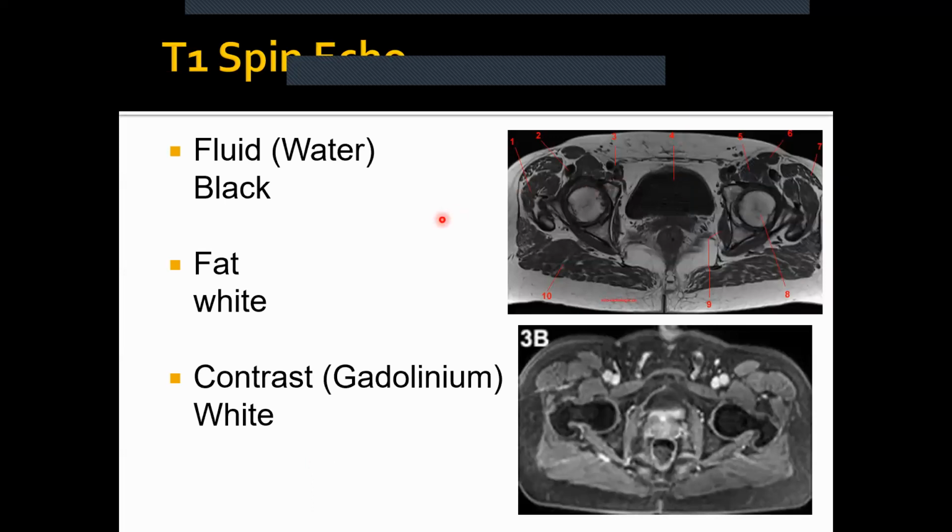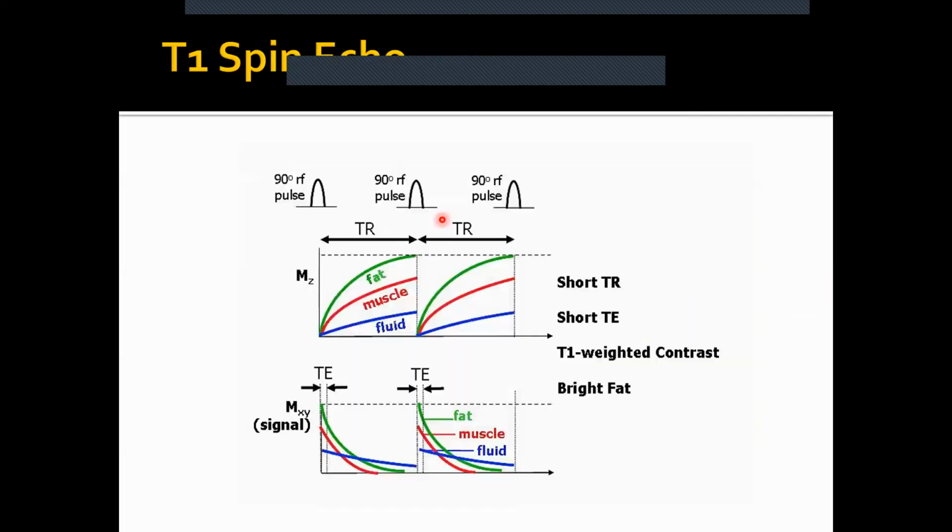Could I repeat the graph? Sure. With this graph, we're sending the pulse on this line, and then the second line is the point where we start measuring the amount of energy released by the protons. You'll notice that the gap in time is very short. We're sending the pulse and then immediately measuring the energy released by the protons. The reason is that the protons for fat and muscle relax very quickly and release that energy very quickly.